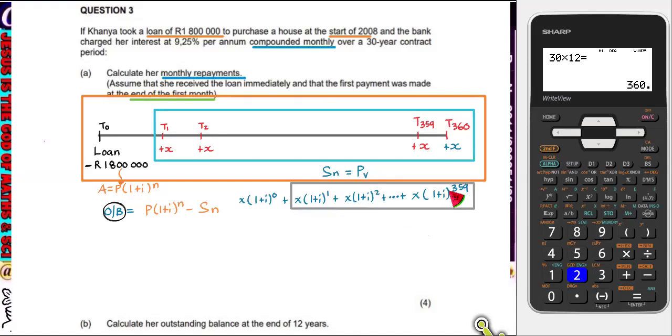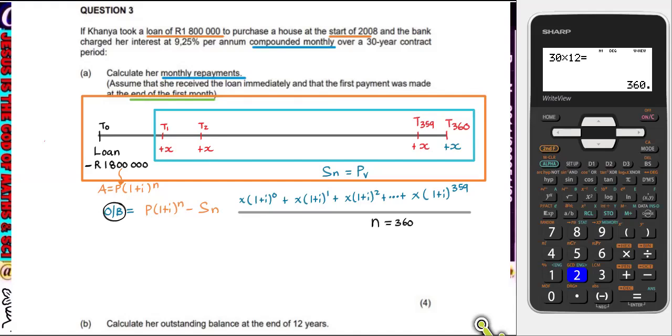So that means this one is a 359th term. Yet there is another one outside. So collectively, all of the terms from beginning to end are actually 360. So you know what you're going to put.